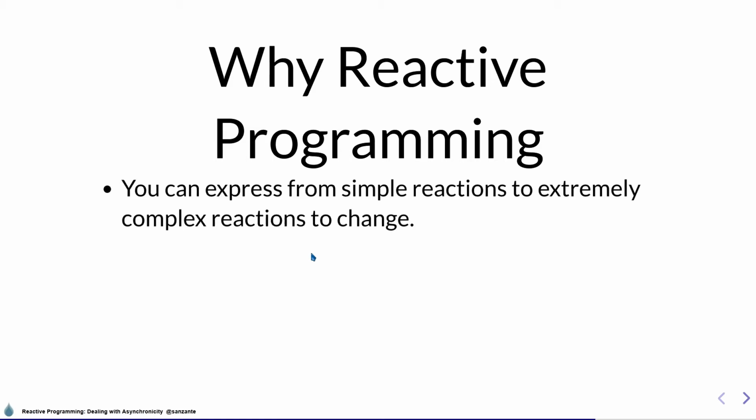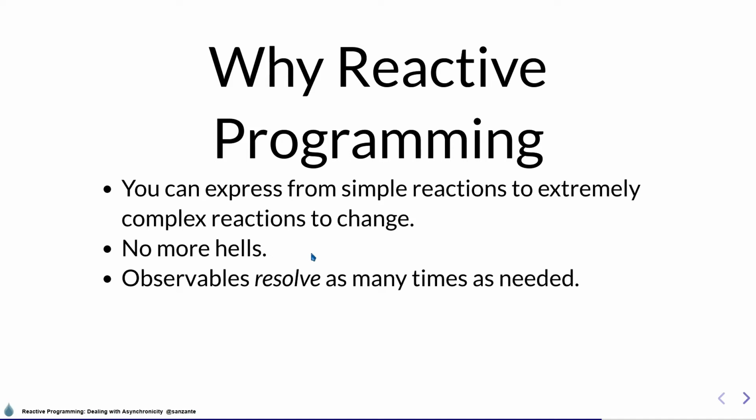Because you can express from simple reactions to extremely complex reactions to change. Callbacks, for example, only express simple reactions, as well as promises. No more. Reactive programming is not about nesting code, so you are not going to have code heads like with promises or callbacks.